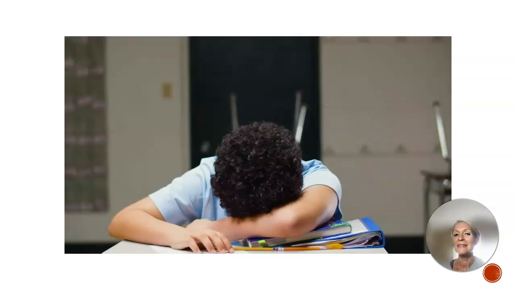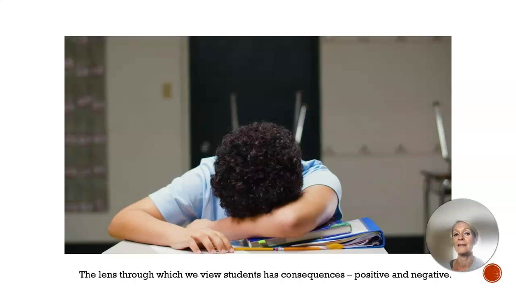Most importantly, what do you see when you look at this picture of a student? I've had people tell me, oh, this student is exhausted, maybe sleep deprivation. I've had students tell me, okay, this student's frustrated or overwhelmed. I've had students tell me this student's lazy or just disengaged. Right? And this is really important because the lens through which we view students has consequences.